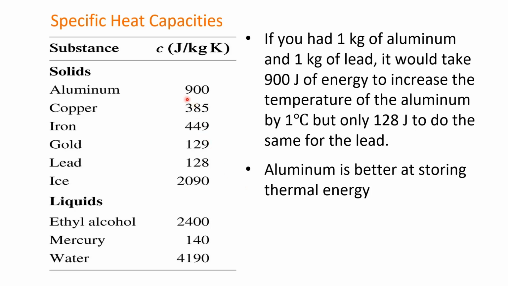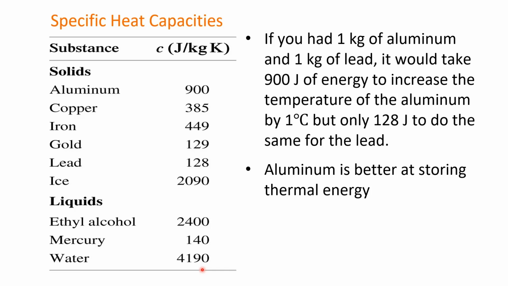Okay, well, that was aluminum at 900. Notice water in its liquid state is 4,190. So it's more than 4 times aluminum. What that means is water is really good at storing thermal energy. You have to add a lot of energy to water to get it to change its temperature by 1 degree.